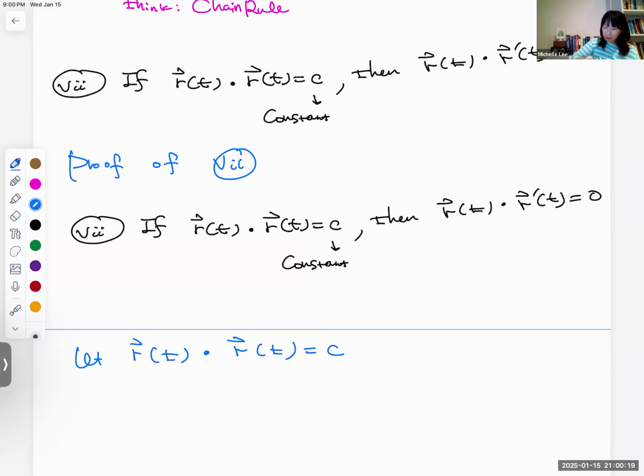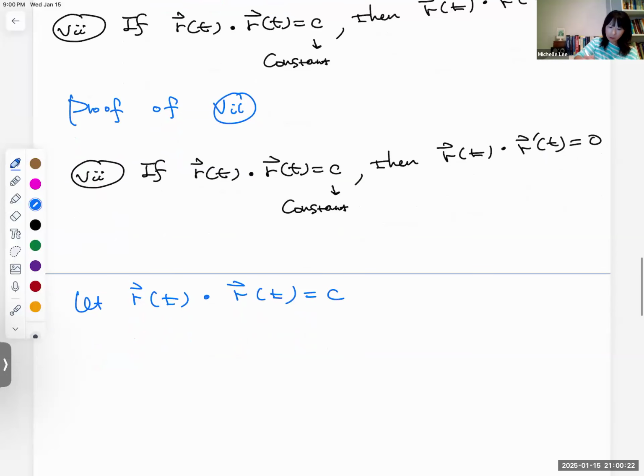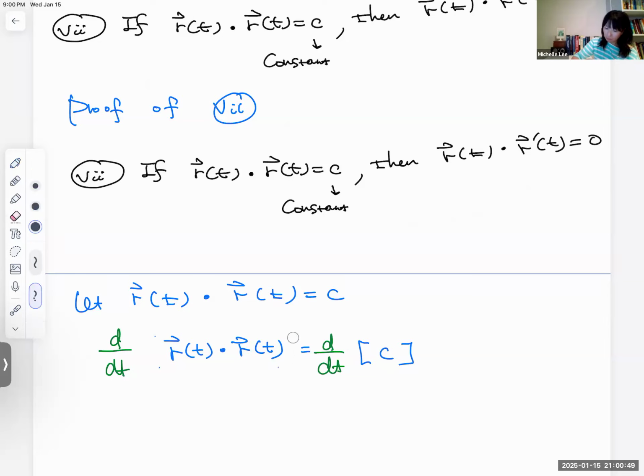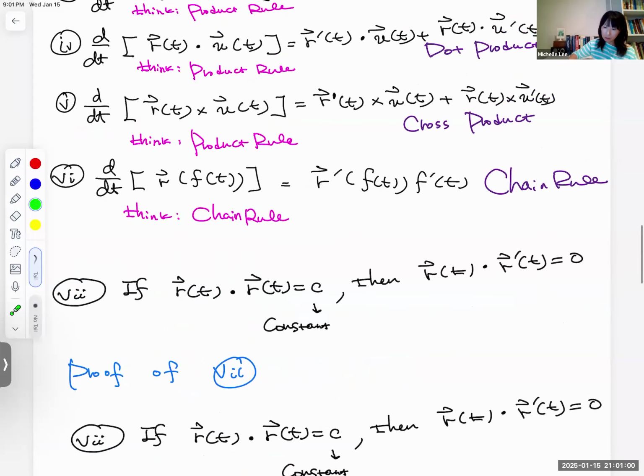Okay. Then we want the derivative. So let's take the derivative. So that will be r of t dot product r of t equal to C, right? Okay, so how do we take the derivative of a dot product?